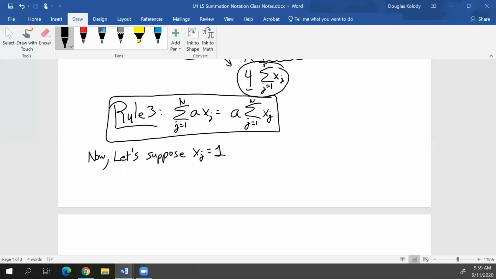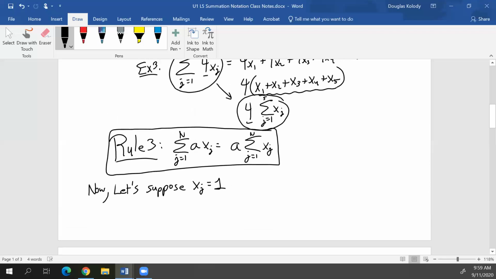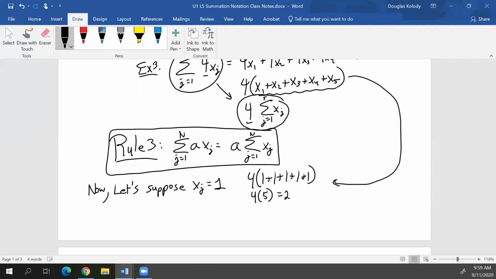So if I were to take this example right here and bring it down, I would be left with 4, and then 1 plus 1 plus 1 plus 1 plus 1. Right? You would agree? And so that would be 4 times 5, which is 20.